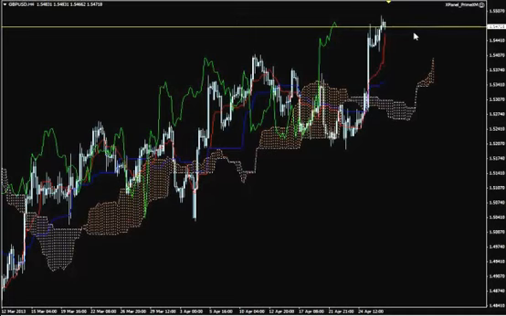I believe this is going to be a very big ride upwards, and it will give a lot of profits. So don't be fast in exiting.